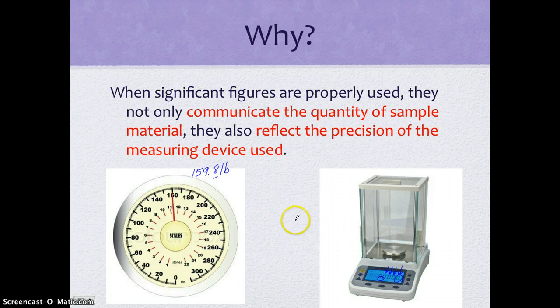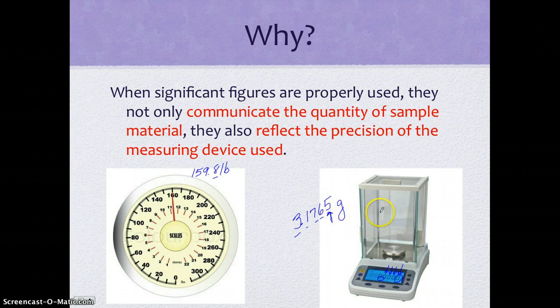So let's say we placed an object on this balance and it came up as 3.176 grams. 4 places after the decimal here. Well, what that means is that this is exact, and this one might be a little bit off.